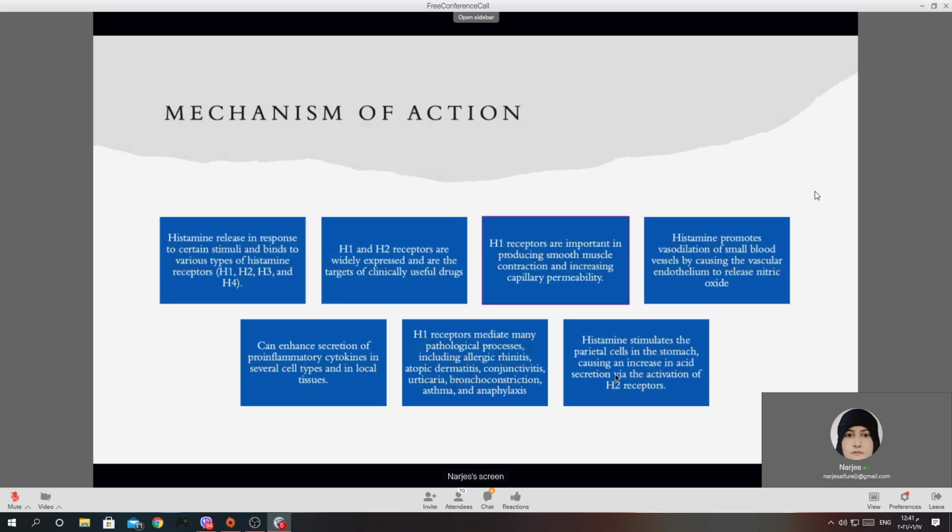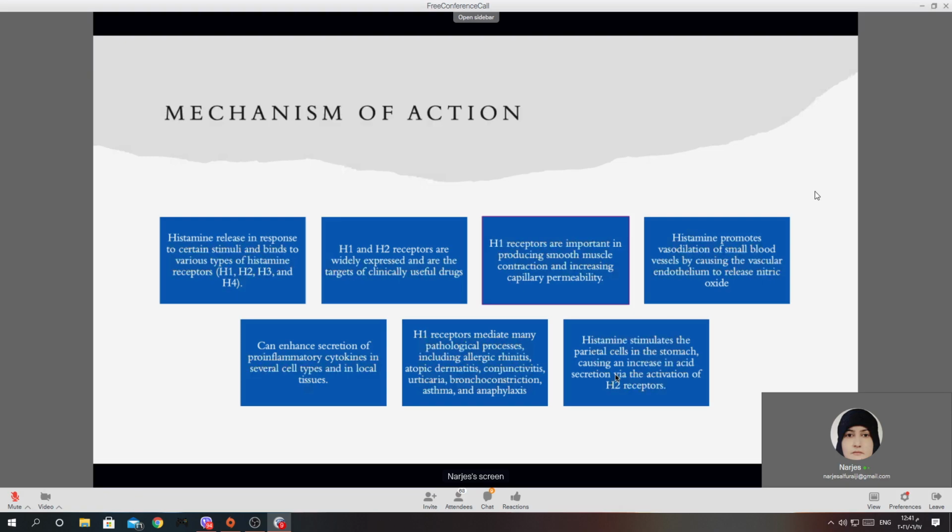It also enhances the secretion of pro-inflammatory cytokines in several cell types and the local tissues. Through H1, this will trigger or mediate the response to allergic rhinitis, atopic dermatitis, conjunctivitis, urticaria, bronchoconstriction, asthma, and anaphylaxis.